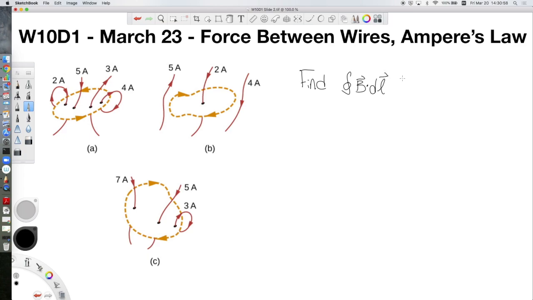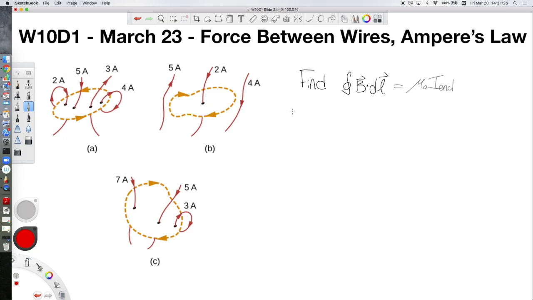Well, we could do some horrible integral around those paths, but they haven't really given us much information here about the size or shape of those paths. So maybe there's another way to do this. And that way is that integral has to be equal to mu naught times I enclosed. So go ahead and see if you can work out these examples on your own here.